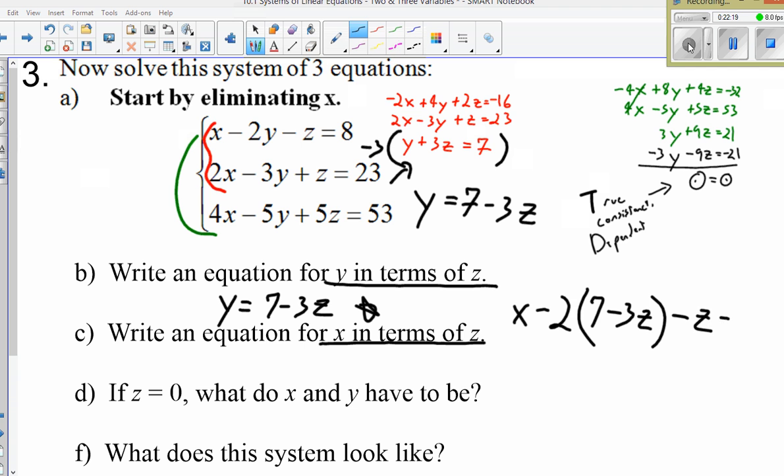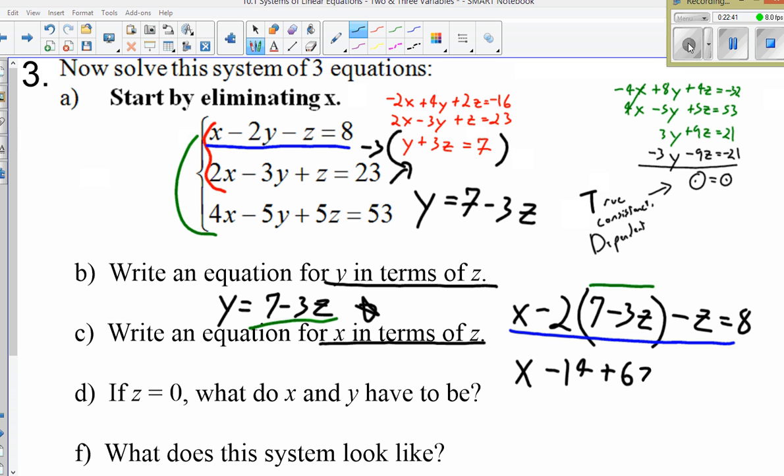It's equal to 8. So this is all coming from this equation here. And this piece is coming from what my y was equal to. So then from here is just simplifying and getting x by itself. So I get x minus 14 plus 6z minus z equals 8.